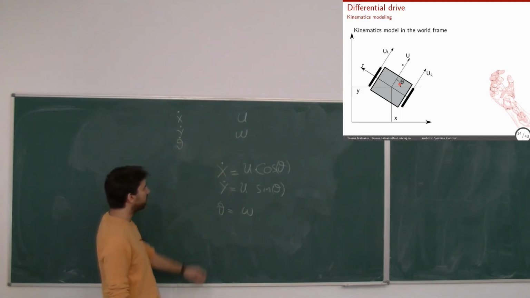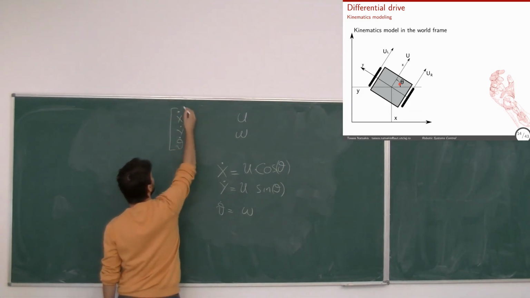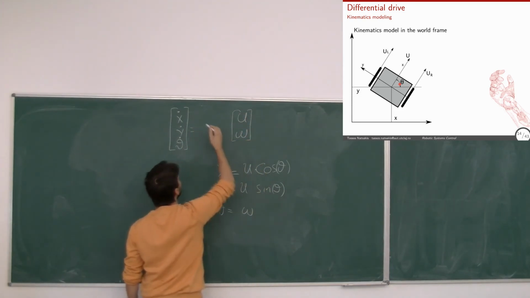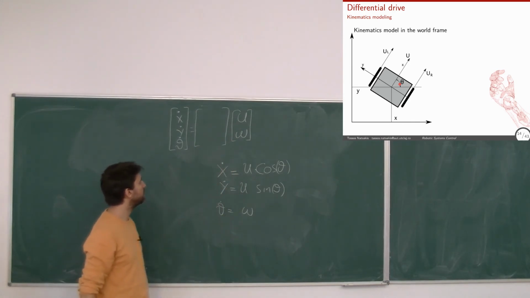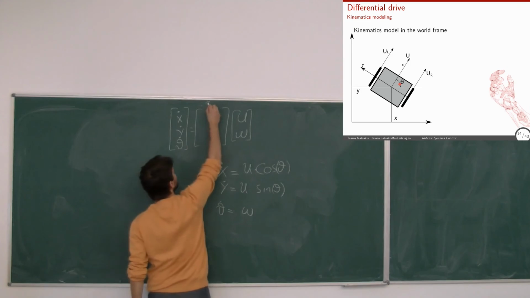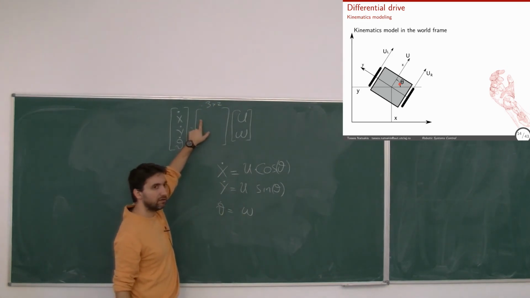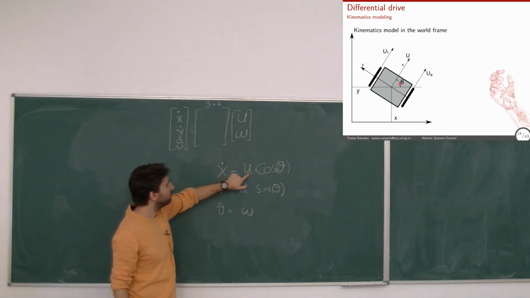Can I write this in vector format? So this would be my vector. This would be another vector. What should I multiply here in order to get this relationship? First of all, what should be the dimensions of this? 3 times 2. Great. What should I have here? So I get x dot equals u cosine theta.